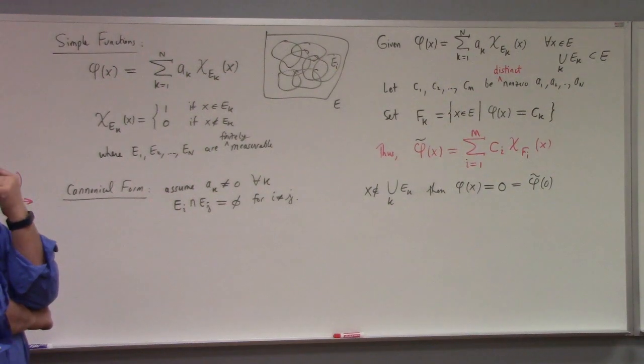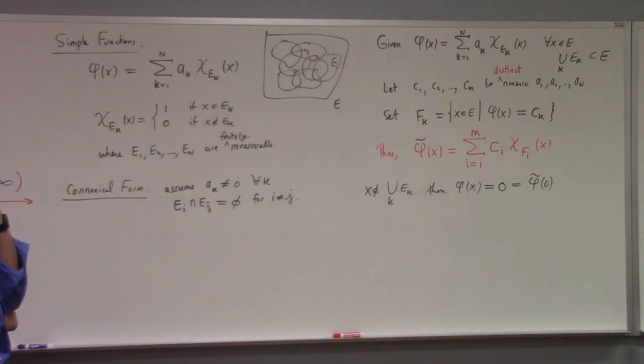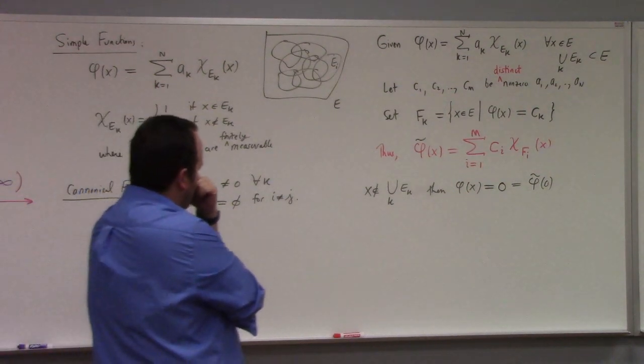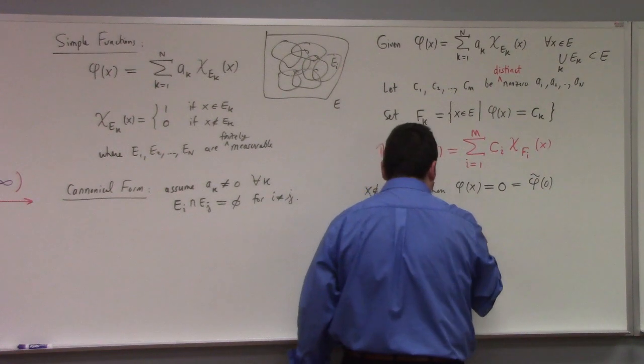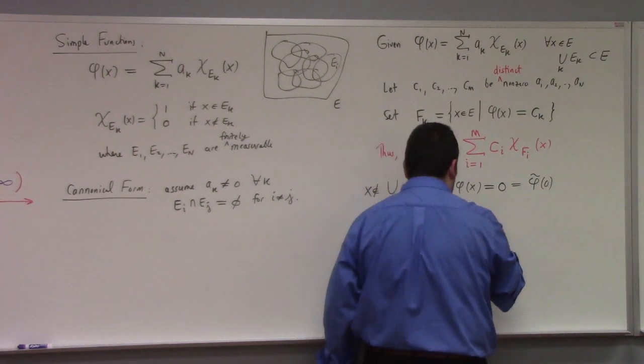Oh, you're saying, how does this construction go against his chi e minus chi e example, right?